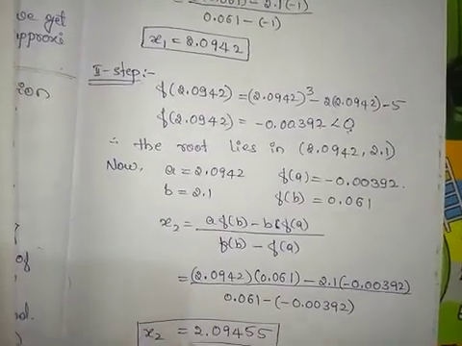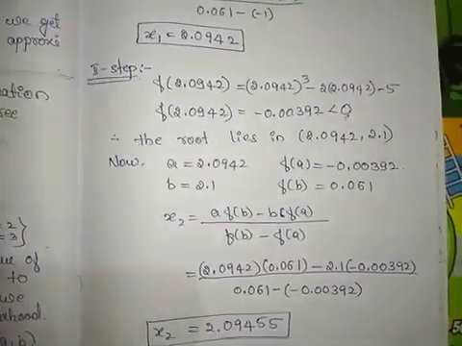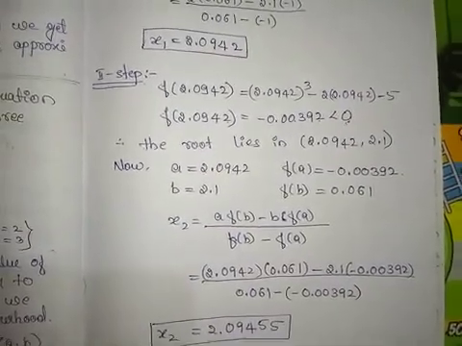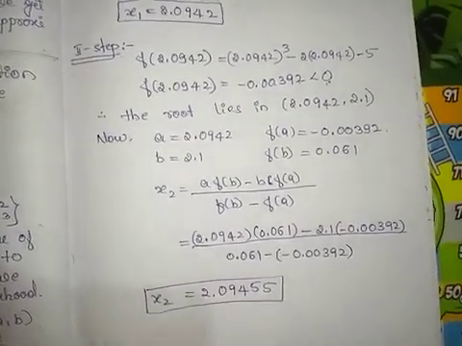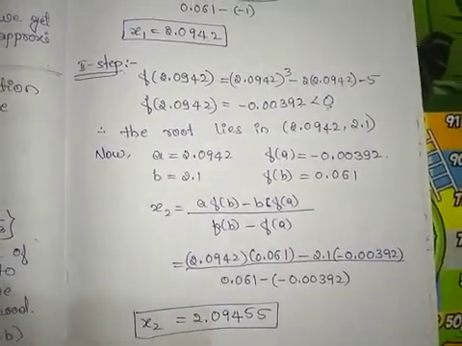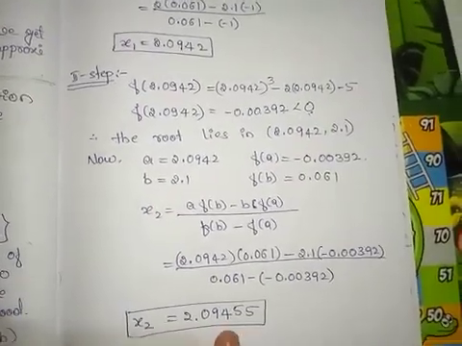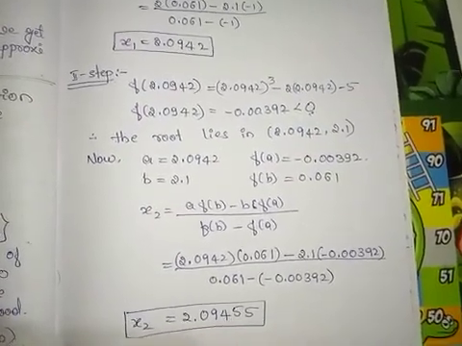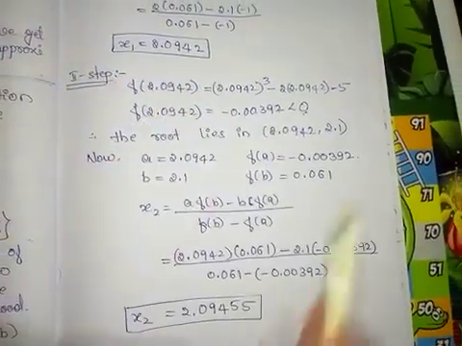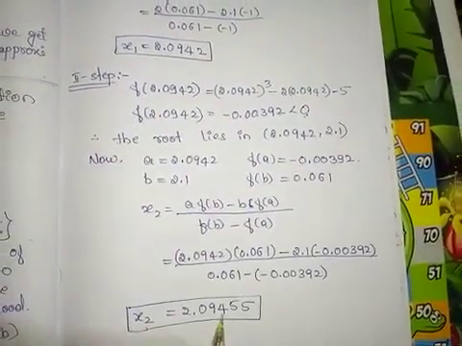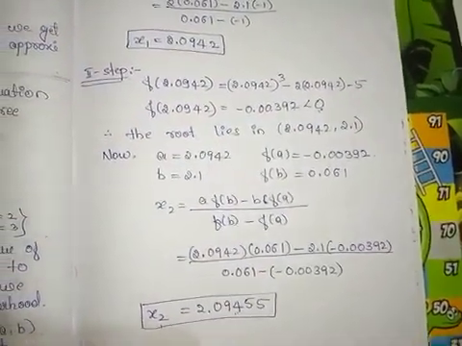Here the condition is that we have to find the real root of the equation correct to 3 decimal places. That means we have to check whether the three digits after the decimal point are the same or not. See, x1 is 2.0942 and x2 is 2.0945. Up to 3 decimal places we get the same answer.